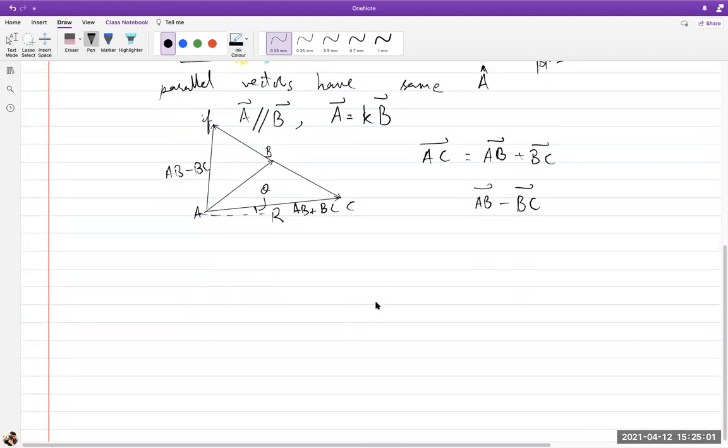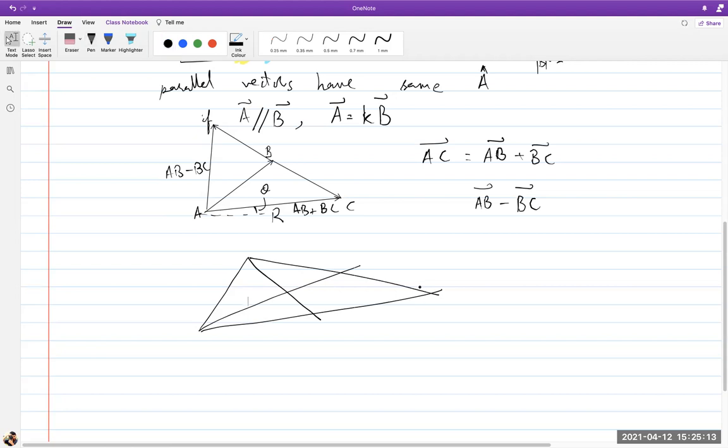So let me give you a diagram. Now they're saying that OA is A and OB is B. Okay.